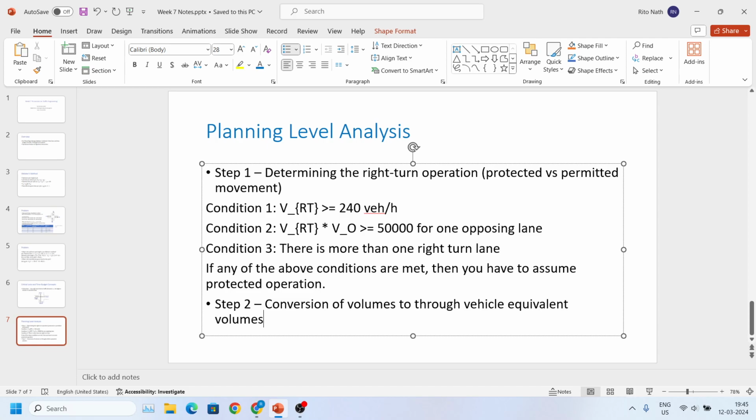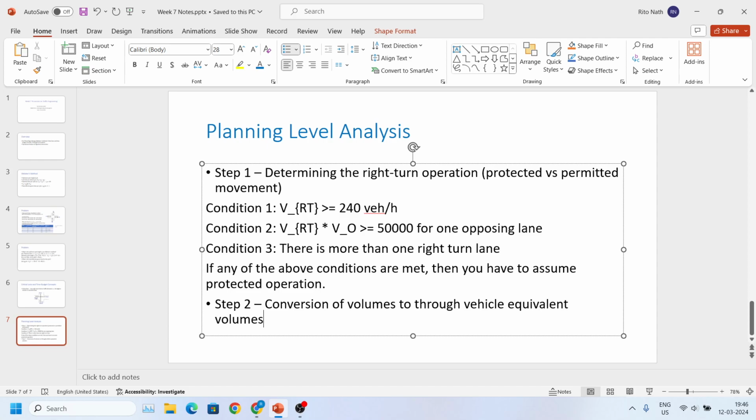You can have the data with all this, check which criteria it fits in, calculate those factors, multiply, and get the equivalent volumes in PCU per hour. So that's all you have to do. It's very simple.